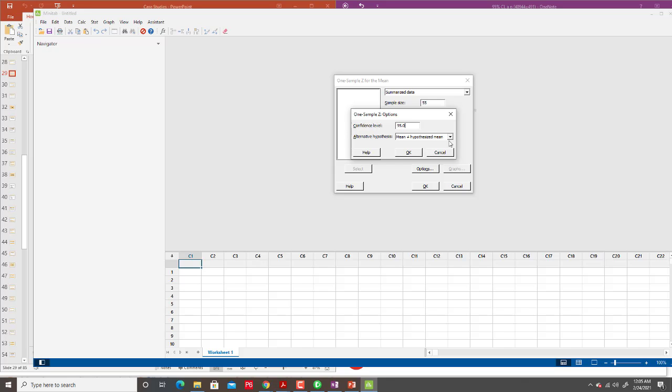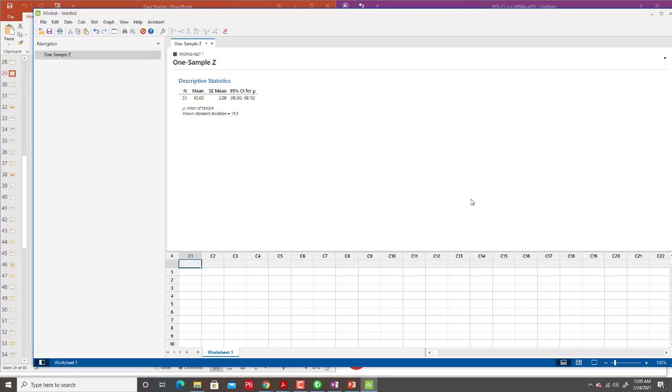And of course, the mean is not equal to the hypothesized mean. We click OK, and OK. By the time we are through, we see our value, the 95% confidence interval for the mean, which gives us 40.9 less than or equal to mu less than or equal to 49.1.